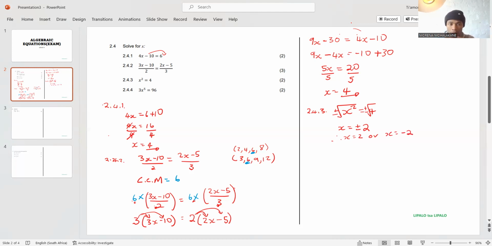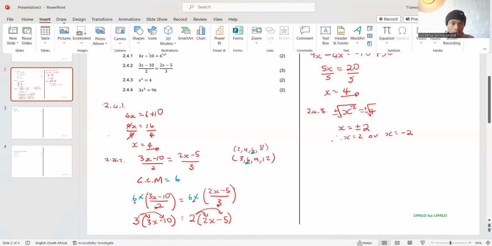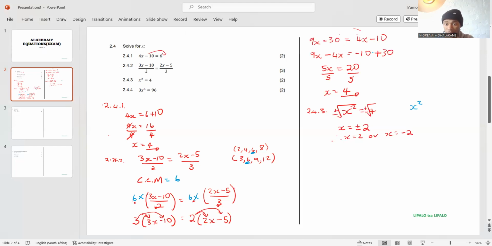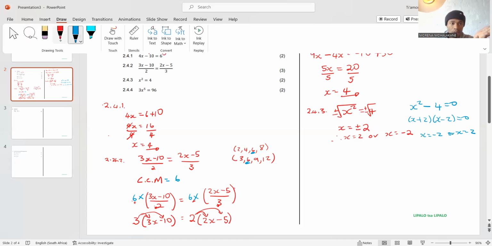However, you can use a different value here. You can solve it as x squared minus 4, right? You're taking the 4 to the other side. So we're going to use what we call difference of two squares. Going to have x plus 2, x minus 2 equals 0. So I have x being equal to negative 2, or x is equal to 2. That's a different way to solve that equation.